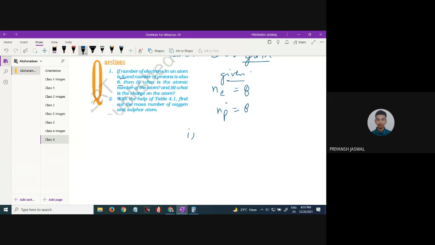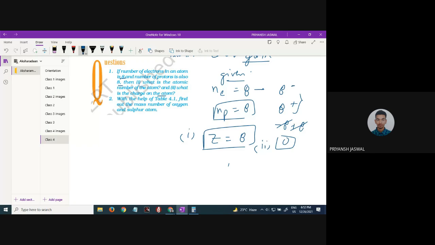First part: the atomic number is the same as the number of protons, so Z is equal to 8. What is the charge on the atom? The number of electrons is 8, so 8 minus, and the number of protons is 8, so 8 plus. When added, minus 8 plus 8 cancel out, and the total charge is equal to 0. Q is equal to 0. The atom is neutral.